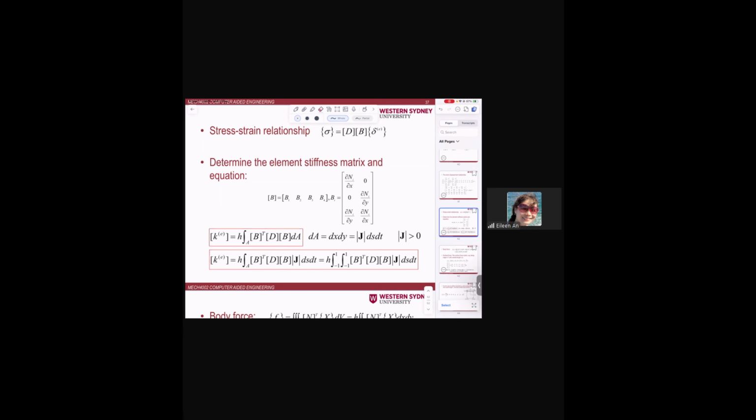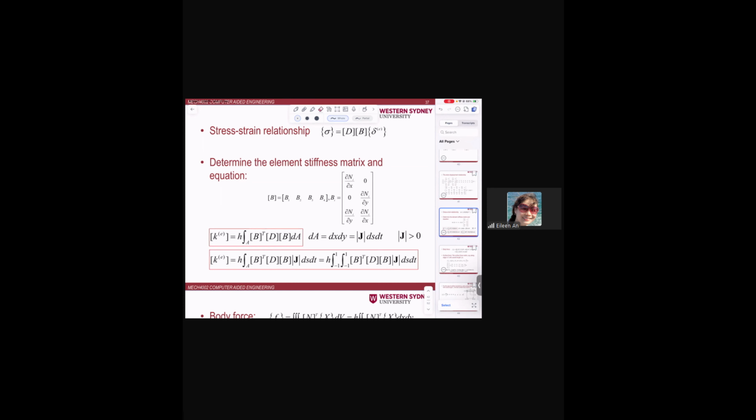So instead of using dx dy, we need to use the Jacobian matrix to convert this dx dy to ds and dt, and then update this equation here. So in that case, we convert x and y to s and t.